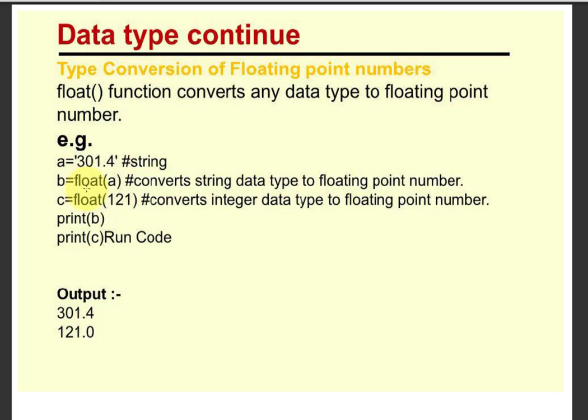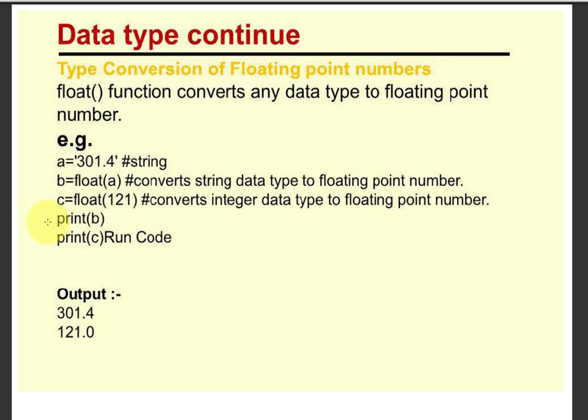There I am changing the variable a into a float. How? Simple. You call float and pass the variable a. So this converts the string data type to a floating point number. The b variable is now able to store the float value, and this is a float variable. And you can also see c equals float(121). This converts the integer data type to a floating point number.